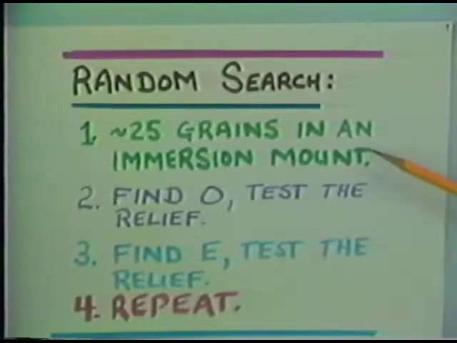And we put these 25 grains in the immersion mount, recognizing that they will have all different kinds of orientations. And so that we don't emphasize the ability of having to rotate an individual grain, instead, we rely on the fact that given 25 grains, we're going to have one or two of those grains in the orientation that we need for whatever kind of a test.